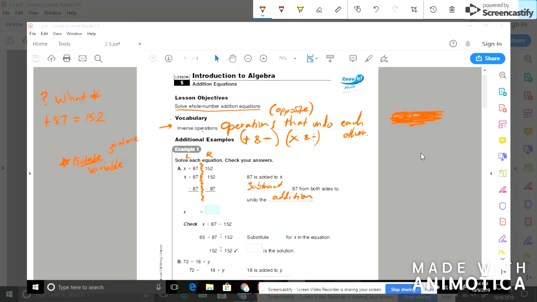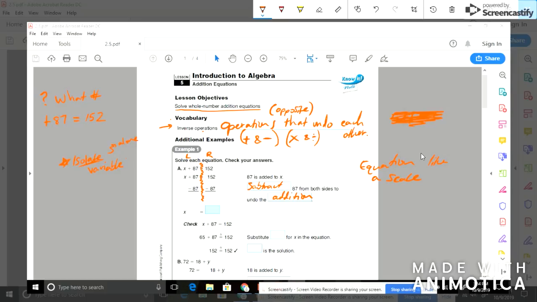Whatever you do to one side of the equation, you have to do to the other side of the equation. So remember, an equation is like a scale, and when you balance out your scale, you have to either add something to both sides or subtract something from both sides to make sure that your scale is level.